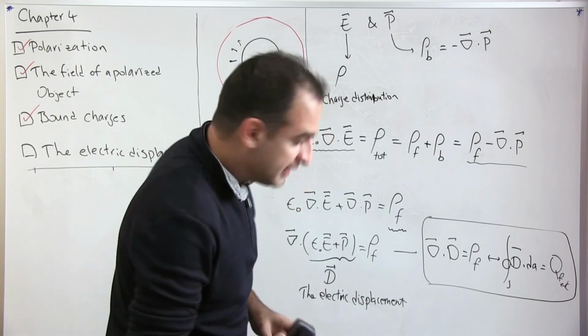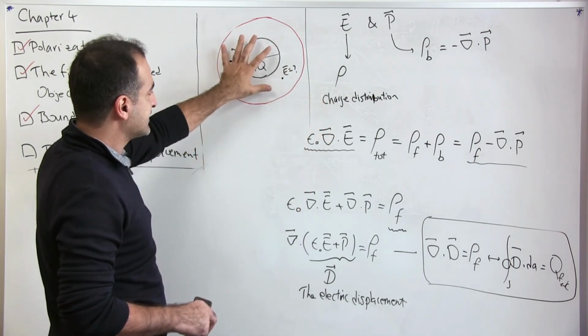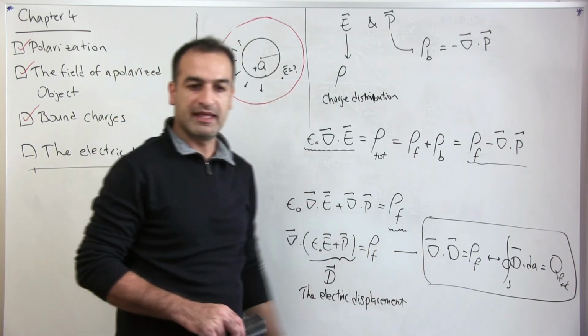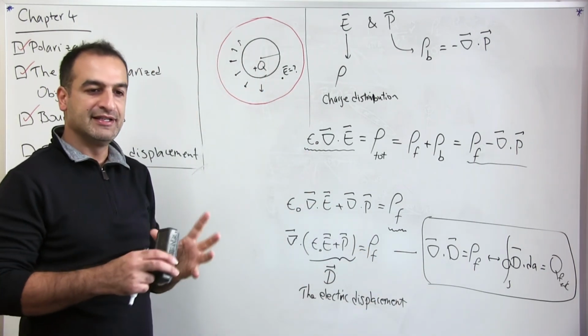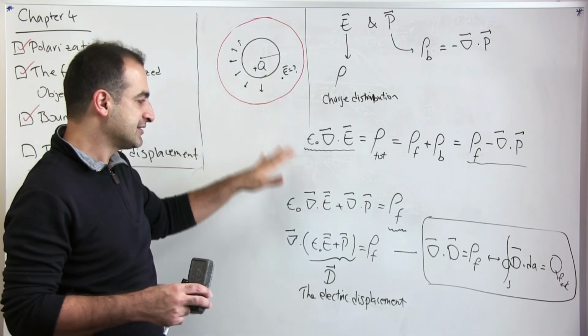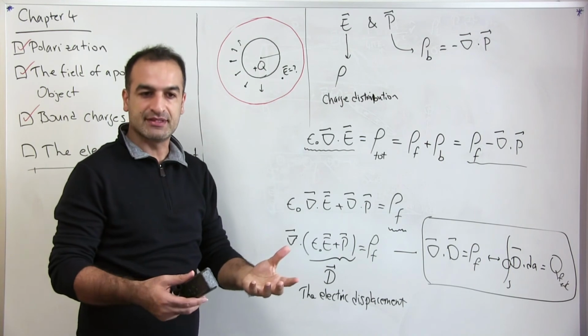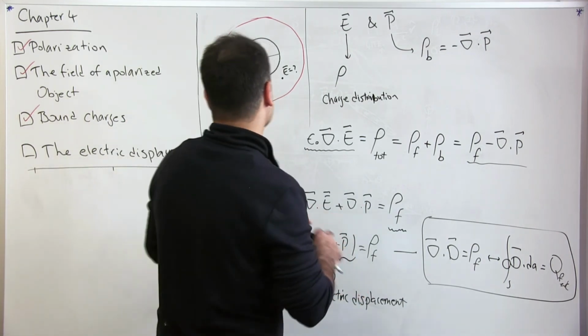So let me focus on this example again, and instead of the electric field E, let's calculate D. You will see that calculating D in the presence of the dielectric is as easy as calculating the electric field in the absence of the dielectric, and that's why it's useful.